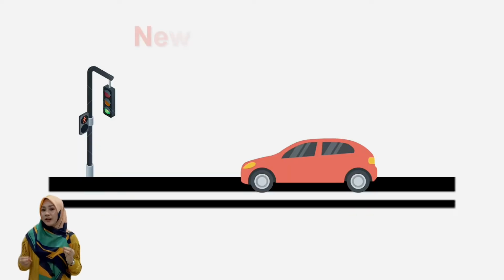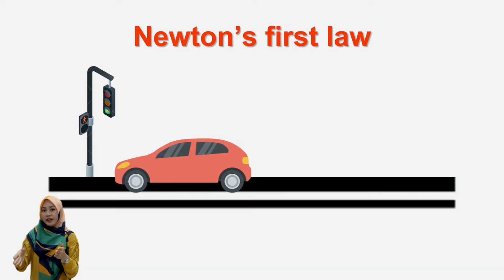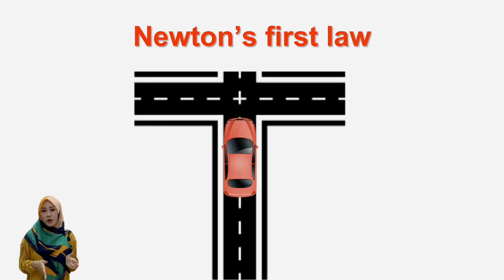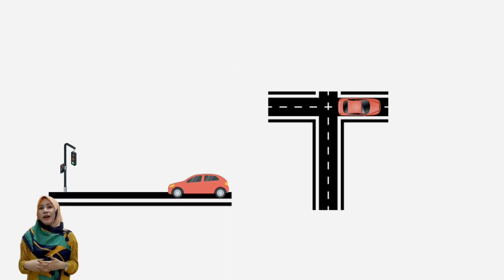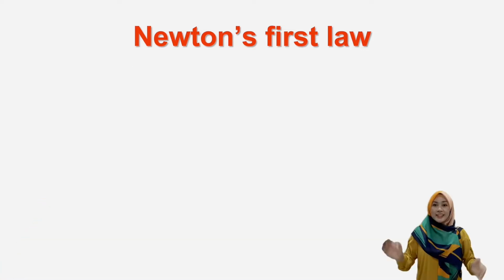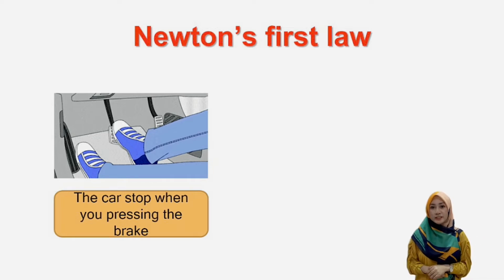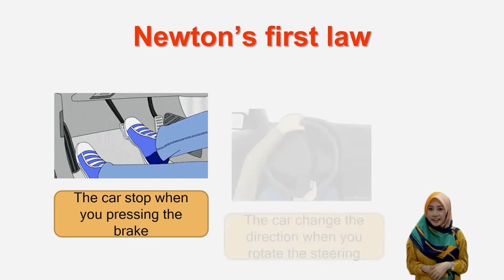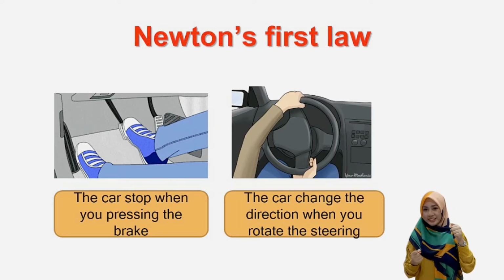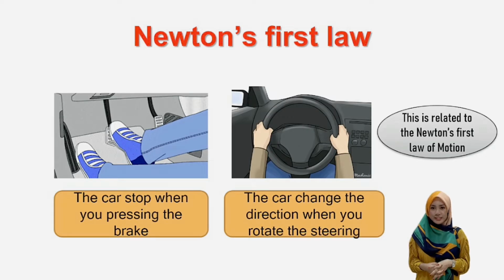Now, if a car is moving with constant velocity, and there is a red traffic light in front, or the car arrives at the road junction and wants to turn to the right, what makes the car stop and change direction? Yes, brilliant! The car will stop when the driver presses the brake, and the car will change direction when the driver rotates the steering wheel. This situation is related to Newton's first law of motion.